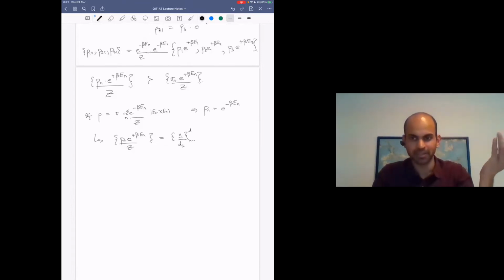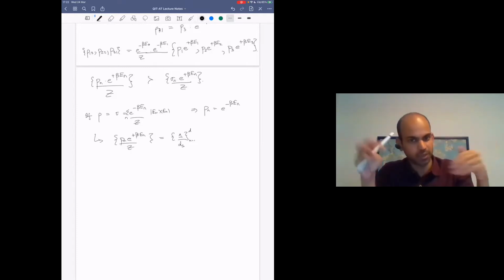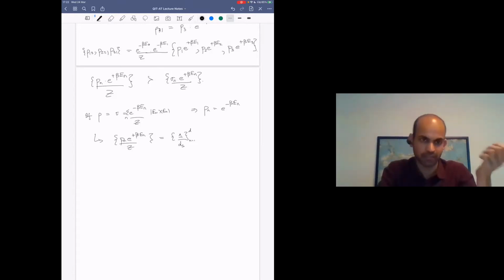Because if you start with something whose rescaled values are already the uniform distribution in the degenerate subspace, then any doubly stochastic transformation you can do there will also take you back to the same vector, which means you cannot do anything. That is a consistent way of saying that if you started with the thermal state, you would not get anything else. You would end up in the thermal state.